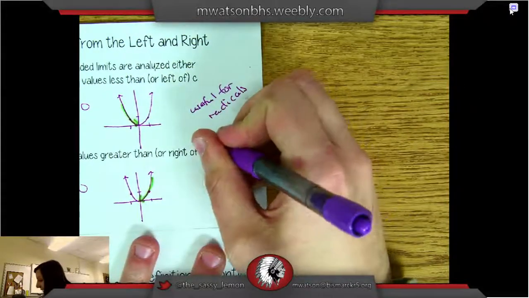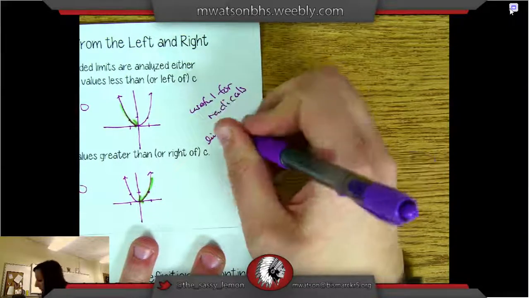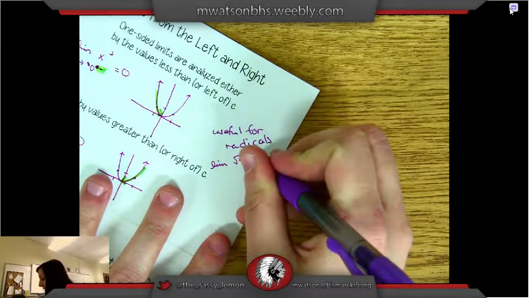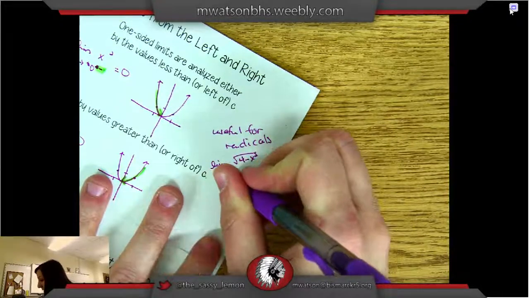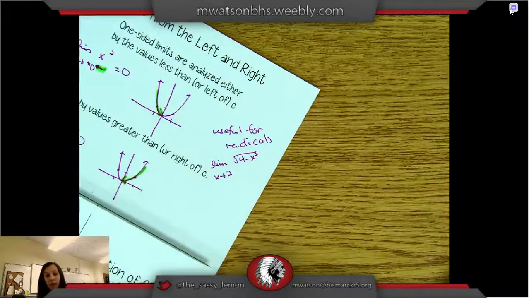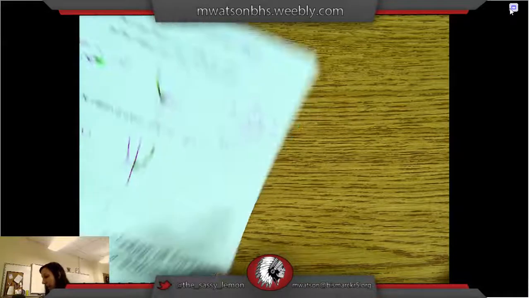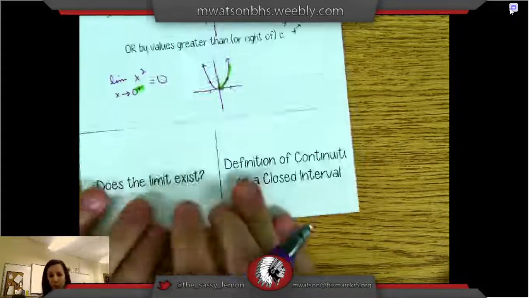Like say you want to find the limit of the square root of 4 minus x squared as x approaches 2 from the, well, I don't know why that's useful, because it doesn't matter if we do from the left or the right. You can just plug and chug and you get 0. This book's definitely leading me astray, so that's really not that important. Okay, that's why it wasn't in the foldable.